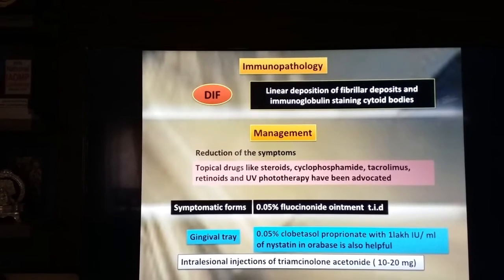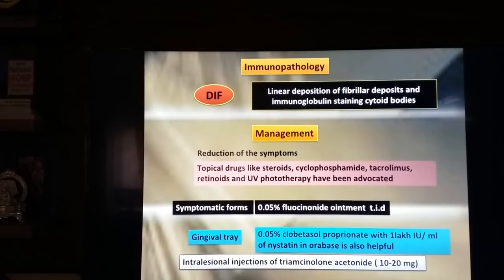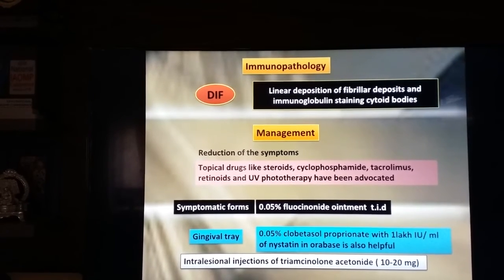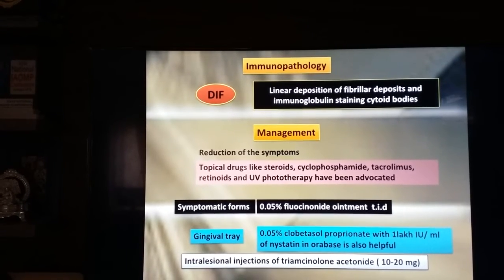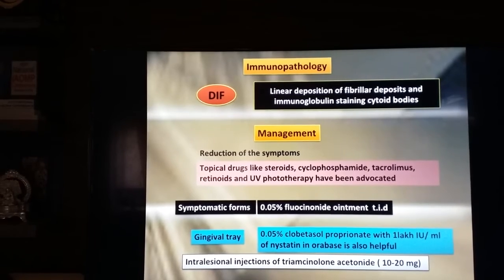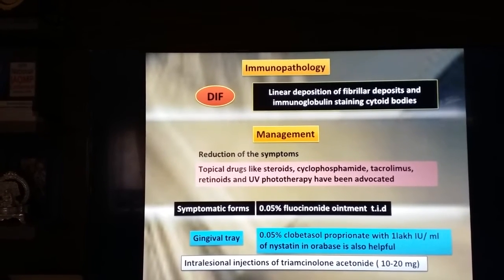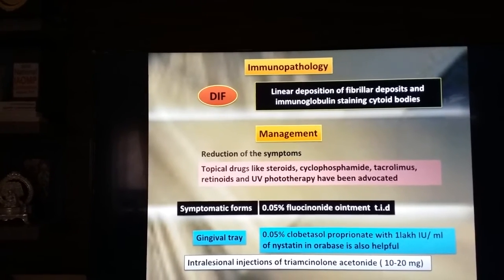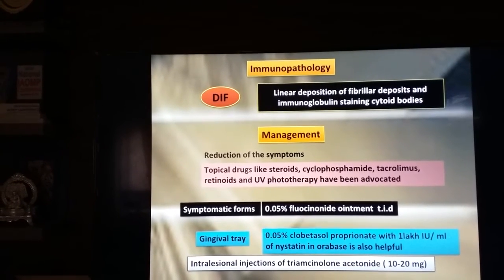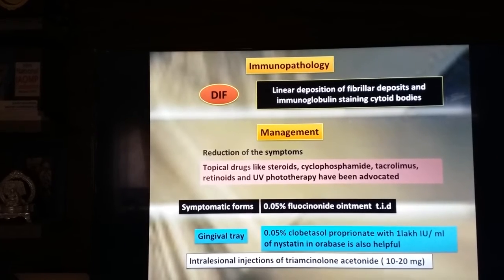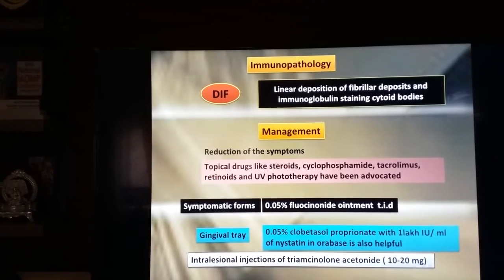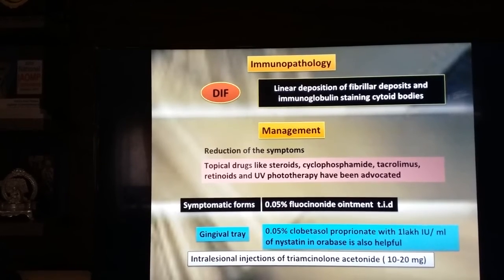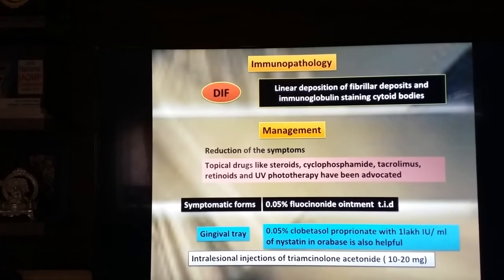How do you manage lichen planus? By giving drugs such as steroids, cyclophosphamide, tacrolimus and retinoids, which could be of great help. Usually vitamin A therapy is very helpful in treating such a patient with lichen planus, because it will improve the epithelial and epidermal conditions. Even ultraviolet phototherapy has been advocated.